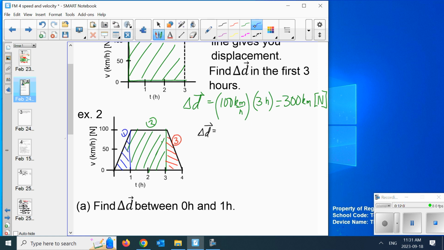How do we do the area of a triangle? One half base times height, right? So I can go with the one half. The base is 1 hour. Height is 100 kilometers.